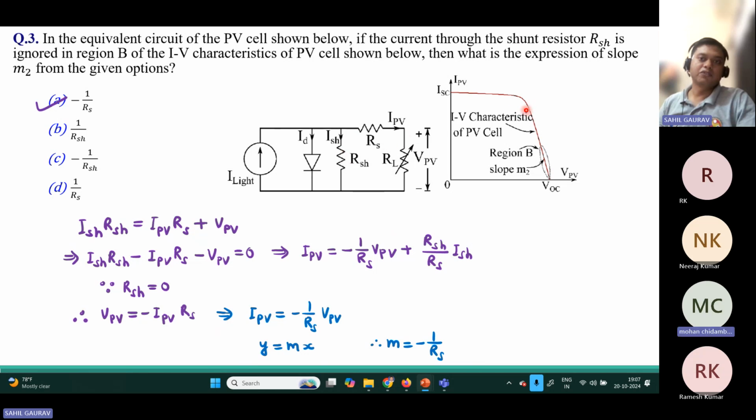So what is the expression of the slope? For finding the slope, you can write the KVL equation across this loop. Then you will get this equation, and RSH is equal to 0. Therefore, you will get this one equation. And if you compare it with the equation of a line, then you will get the slope equal to minus 1 upon RS.